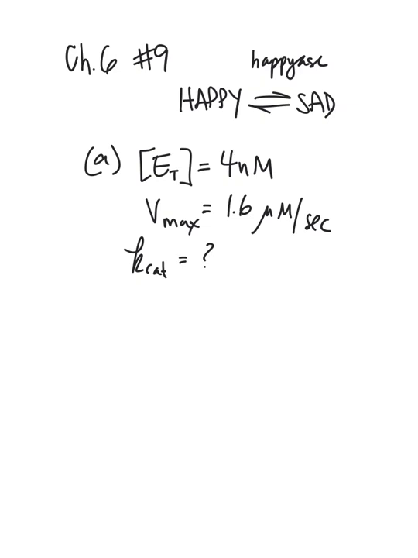And we know that kcat is the rate of the slowest step. So it's the rate limiting step of the entire thing.